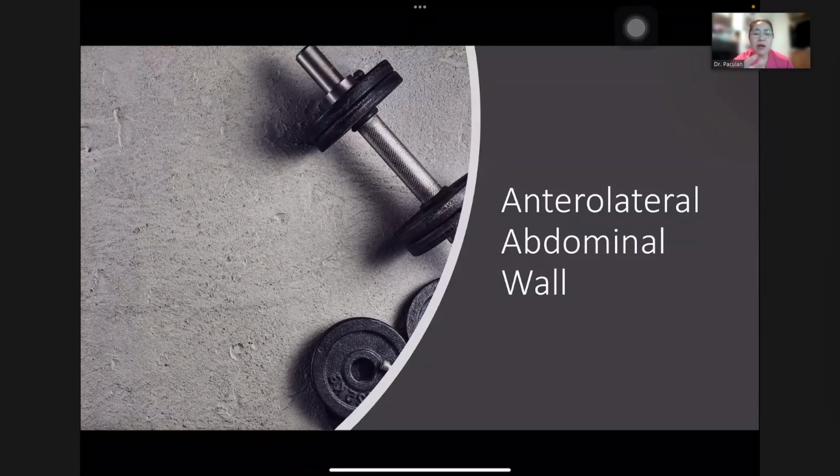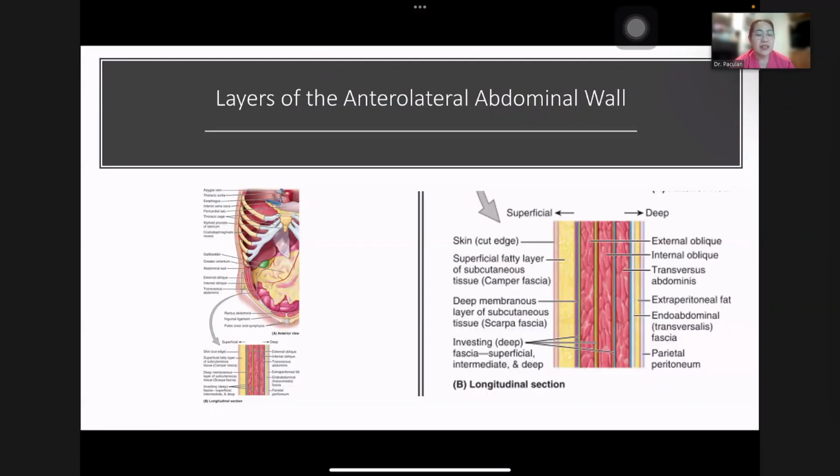The abdominal wall is continuous, but for descriptive purposes, it is subdivided into the anterior wall, right and left lateral walls, and posterior wall. The wall is musculoaponeurotic, except for the posterior wall, which includes the lumbar region of the vertebral column.